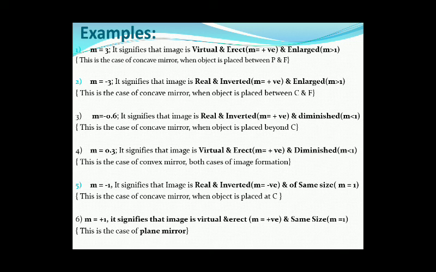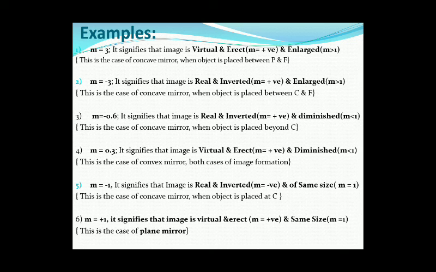But instead of this, if the value is minus 3 as shown in example 2, negative sign shows real and inverted. 3 indicates enlarged because 3 is greater than 1. Again, real, inverted, enlarged. In which case?